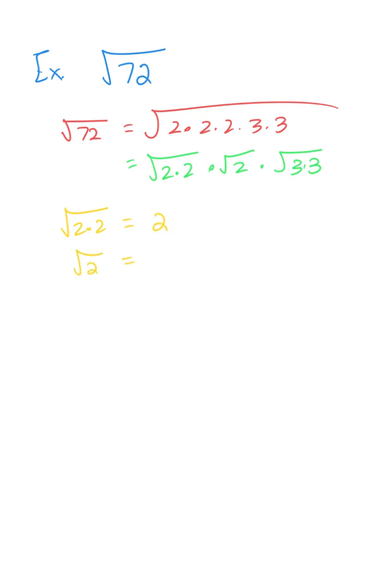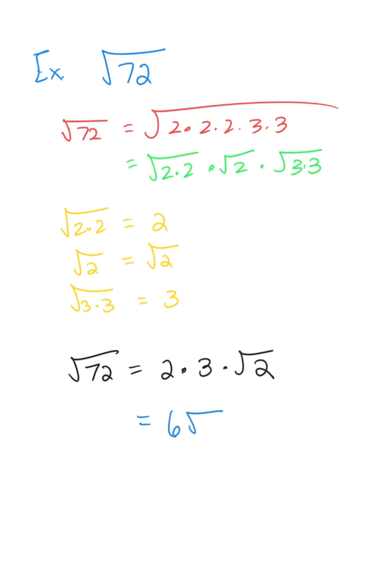The square root of 2 is simply the square root of 2. And the square root of 3 times 3 is equal to 3. So I can rewrite this: the square root of 72 is equal to 2 times 3 times the square root of 2, which I can simplify to 6 square root of 2. That is the simplified radical form of square root of 72.